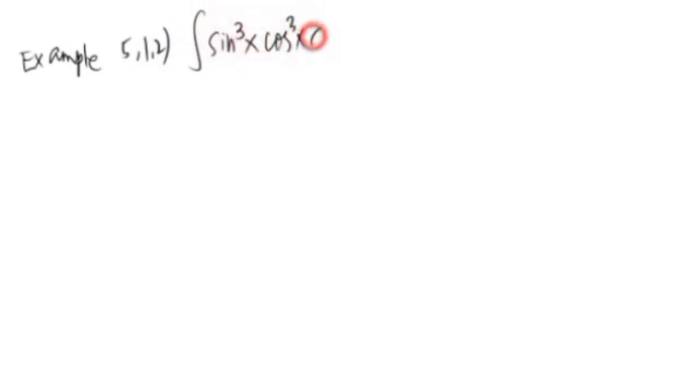So magdadagdag tayo ng example. Example 5.1.2. Okay, so if we remember dun sa rule natin sa type 1, either m or n is odd integer.